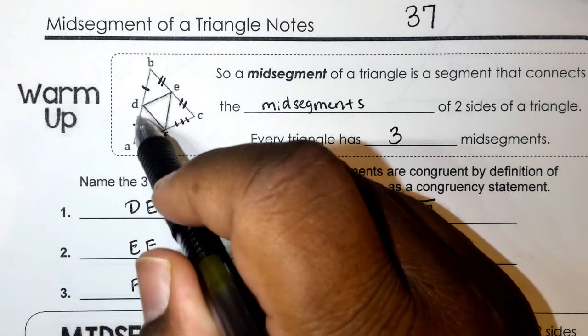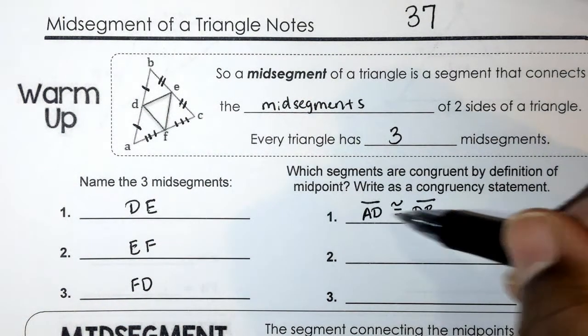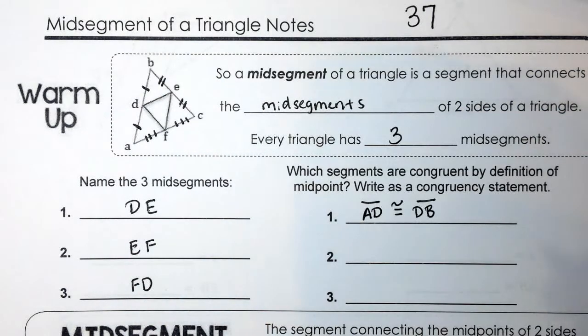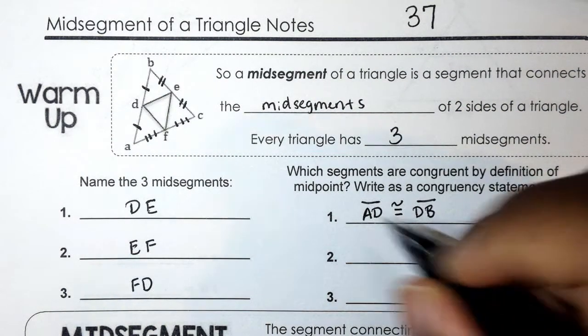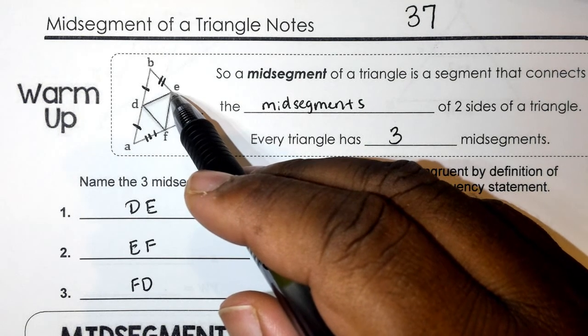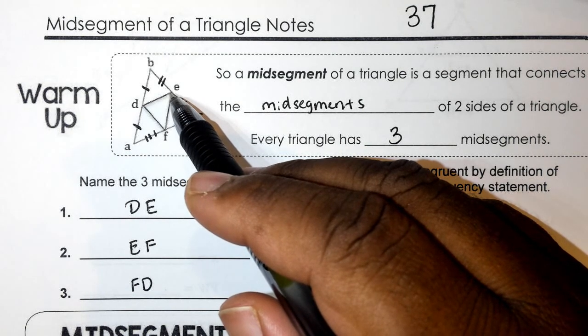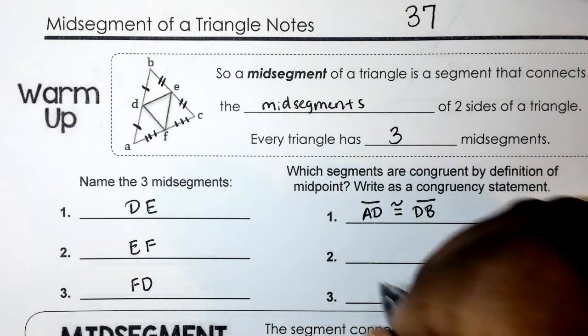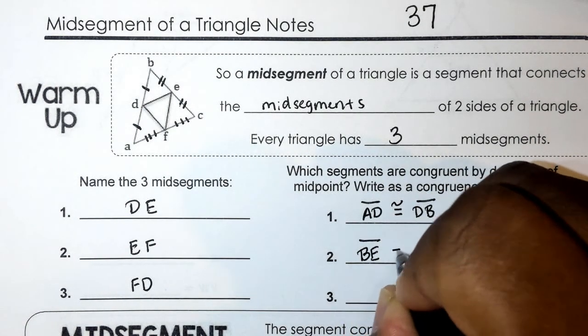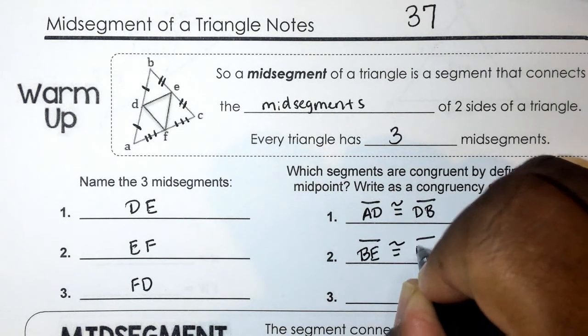If I'm going to call D a midpoint, then that has to be true about those 2 segments, A to D and D to B. And the next one on the other side, if point E is a midpoint on this side, then that means segment BE has to be congruent to segment EC.